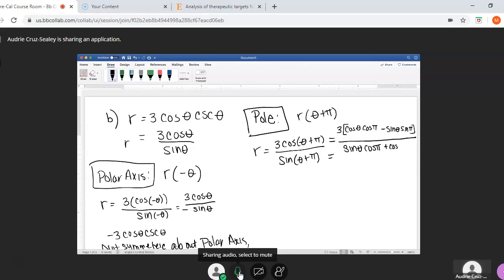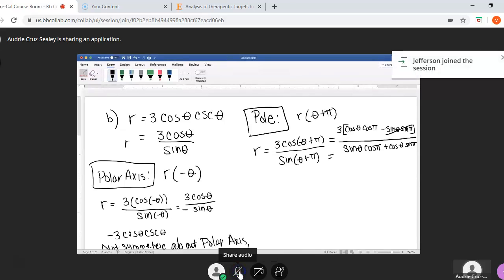It's the addition and subtraction problems that we learned back in chapter 7 when we were adding 2 different angles. I think it was like section 7.2-ish, at the beginning of 7. So sine of theta cosine pi, plus cosine theta sine of pi. Is that okay? So then if I simplify this, this is gone because sine of pi is 0.